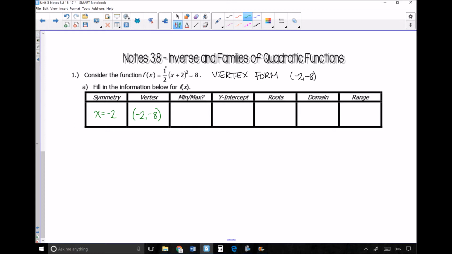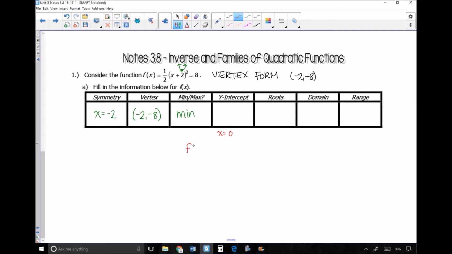Okay, now looking at my a value, I can see that the a value is positive. So that means that my graph opens up right here. So this is going to be a minimum. And then my y-intercept will happen when x equals 0.